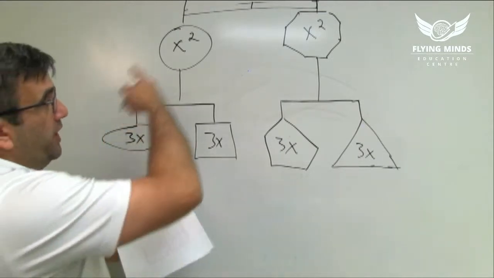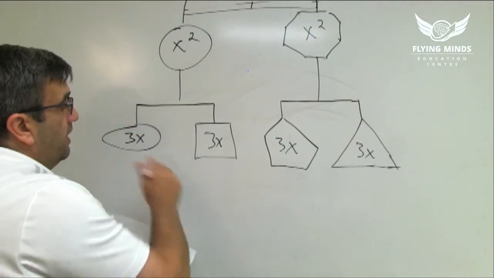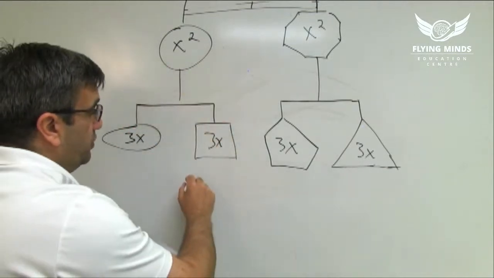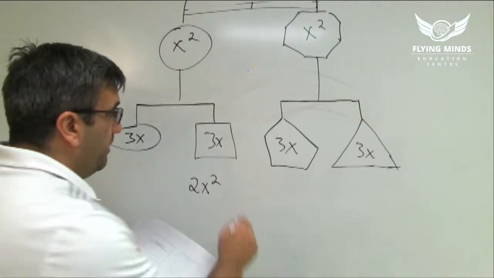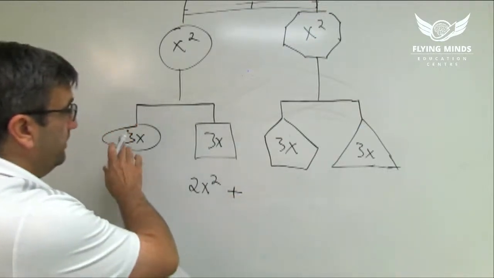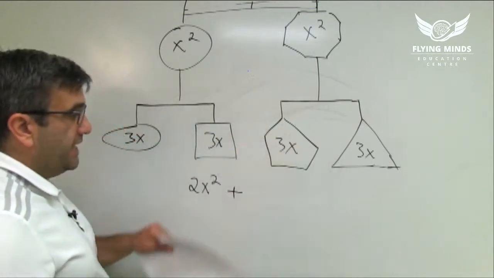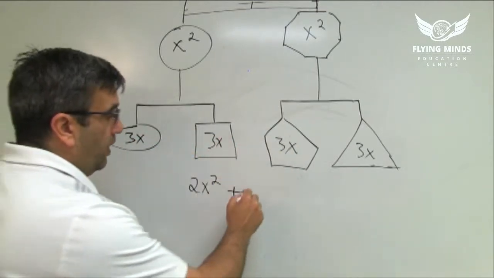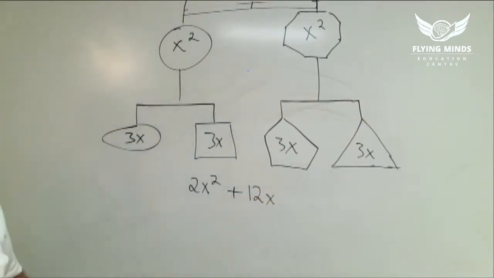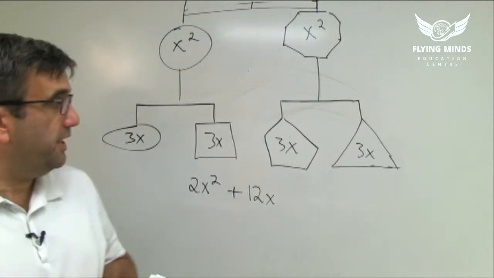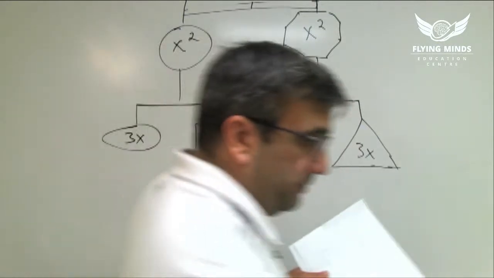So we need just to add all the parts, and we have 2x squares plus we have 1, 2, 3, 4 3x's, which gives us 3 times 4, 12, so it will be 12x. So the correct answer for this question will be part B.